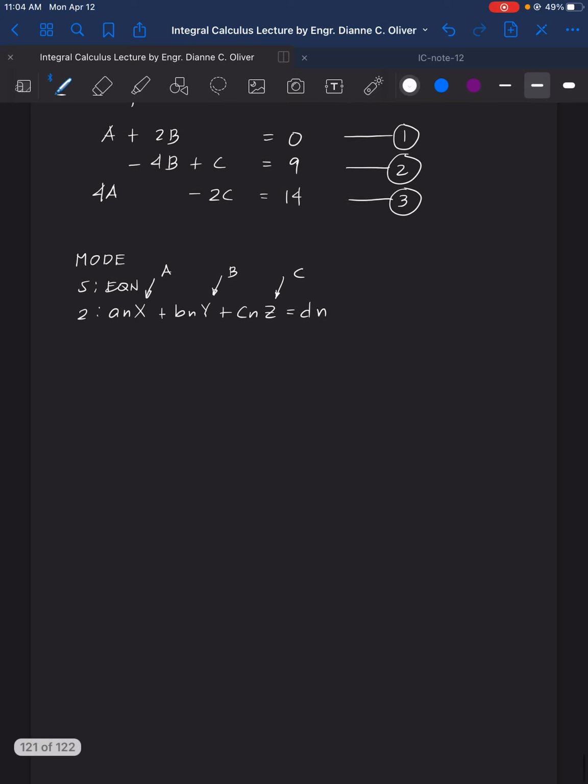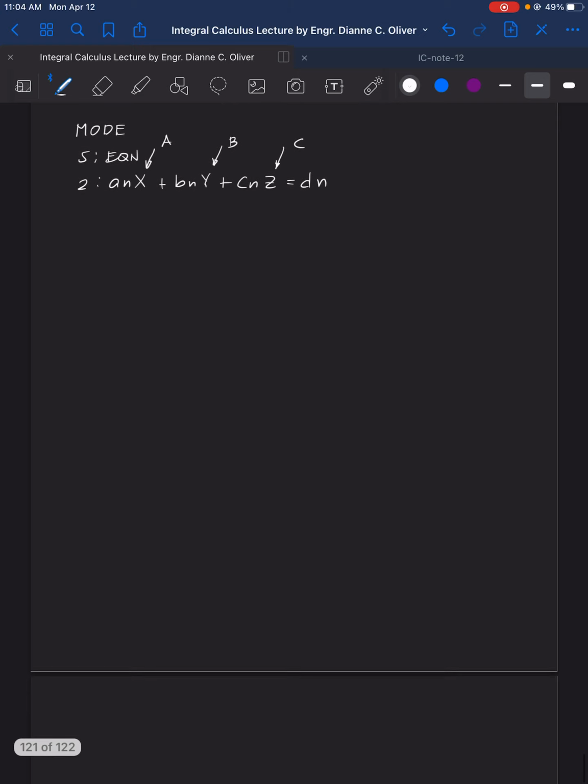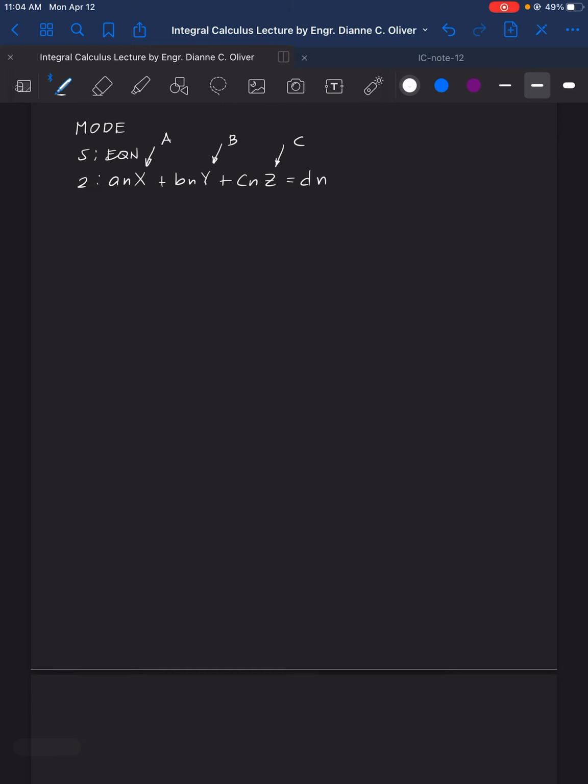So you will click enter, and then we will have this form here as a tabulation. We have 4 columns, A, B, C, and D. Then we have 1, 2, and 3 rows.